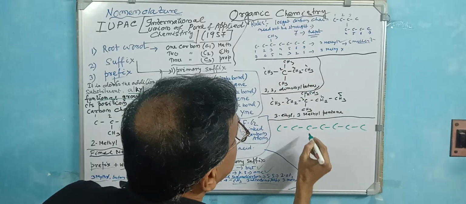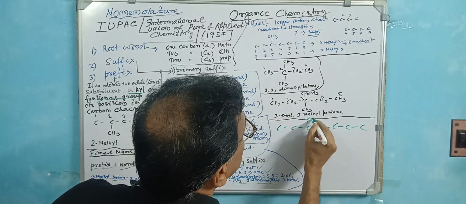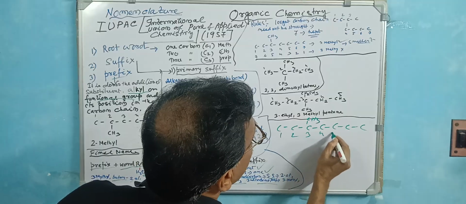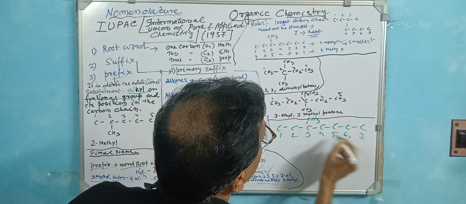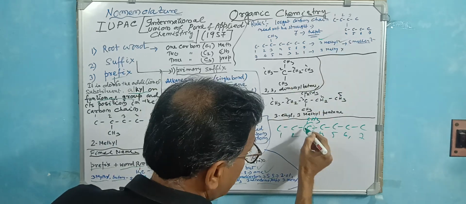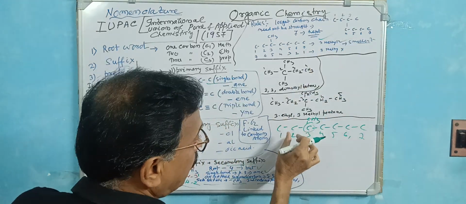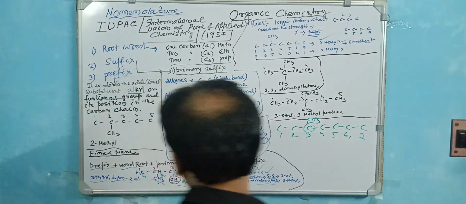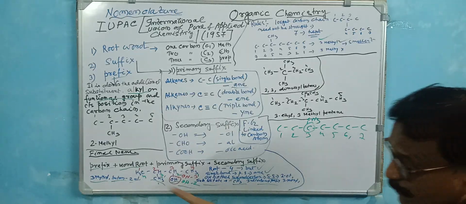So this is the CH3 attached here. This is right, because this is 1, 2, 3, 4, 5, 6, 7, so this is the lower position. So you write this way, 3-methyl heptane.